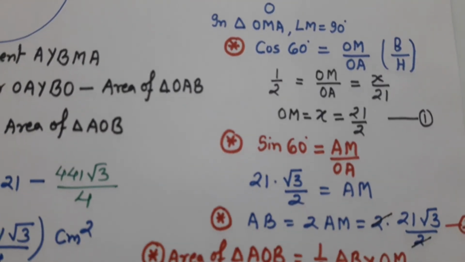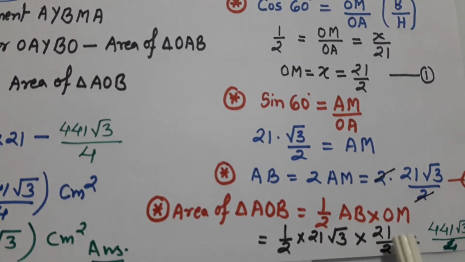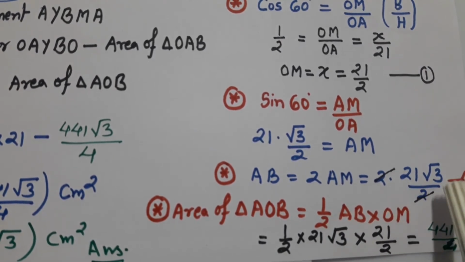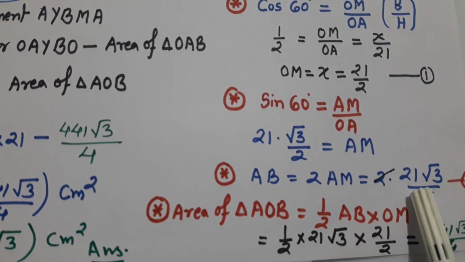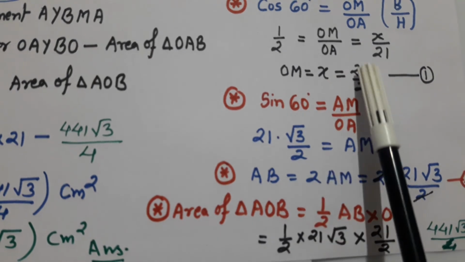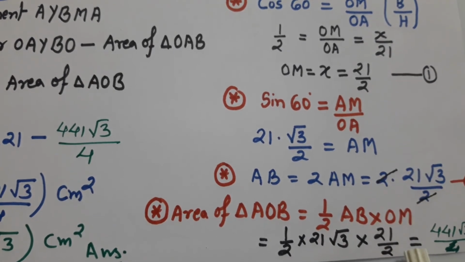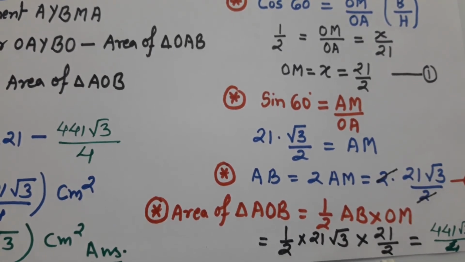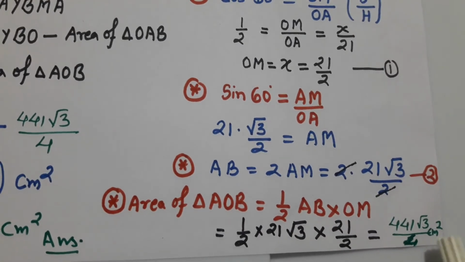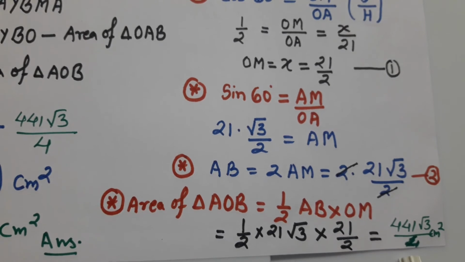AB is 21 root 3 and OM is 21 upon 2. After putting the values, it becomes 441 root 3 upon 4 centimeter square.